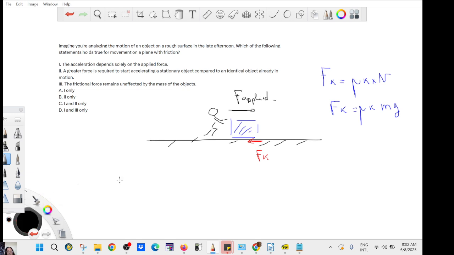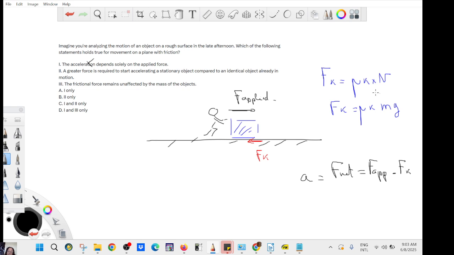So the acceleration by definition is the net force. Okay, so it will be the force applied minus the friction. So it doesn't depend only on the applied force, obviously. A greater force is required to start accelerating a stationary object, so it means it's not moving to begin with.